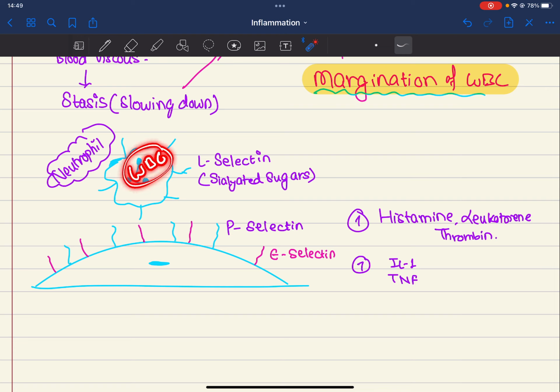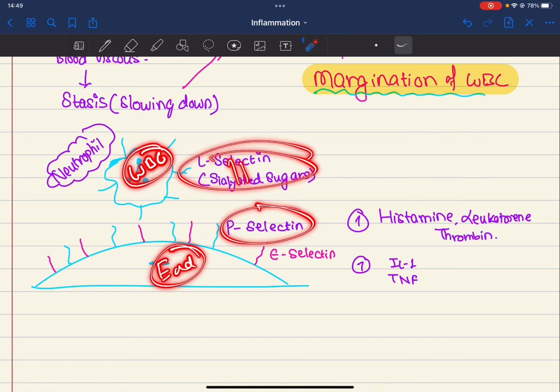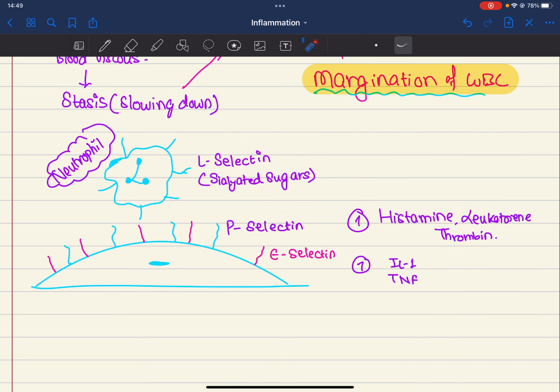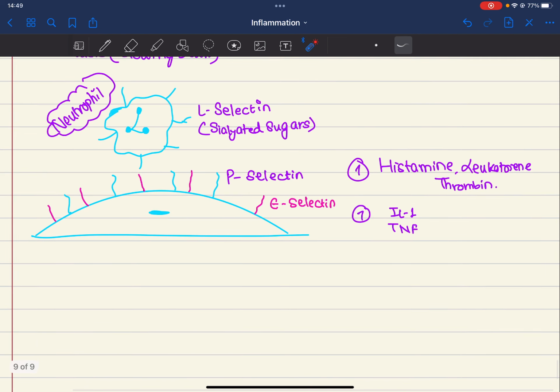They are not strongly holding each other. That's why they roll. Now after some time, they develop another type of special protein.